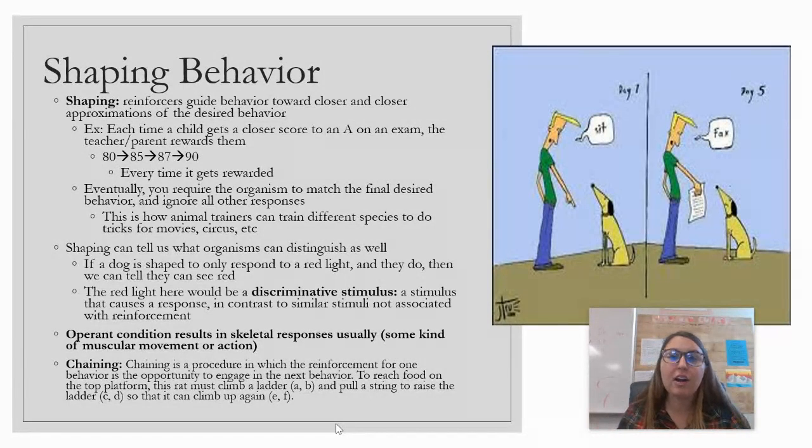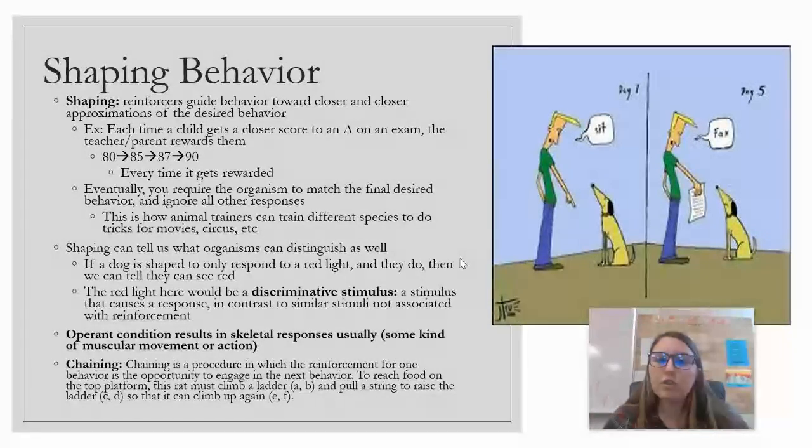Then I had to train her how to roll over, had to give her rewards for that behavior. So basically, shaping is where you take small parts and you combine them all together eventually to get to your desired goal. So what's interesting is that shaping can tell us what organisms are able to distinguish.